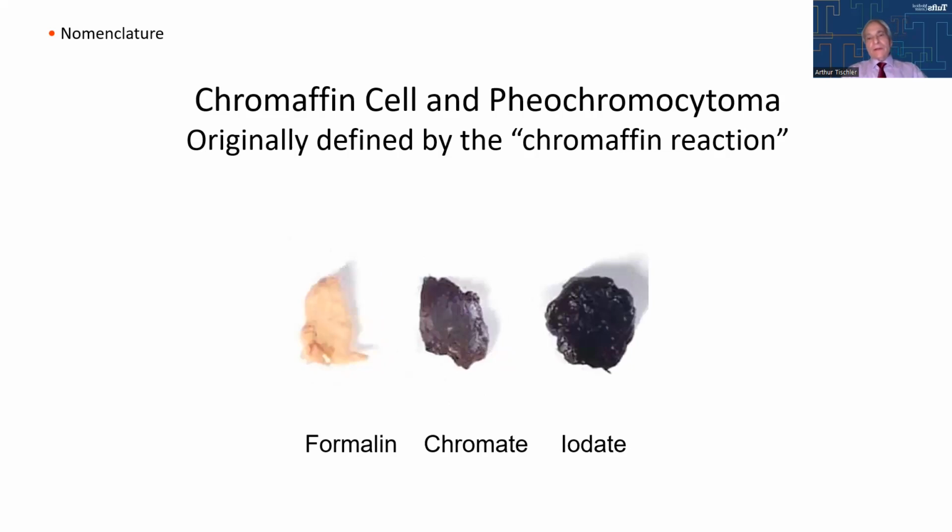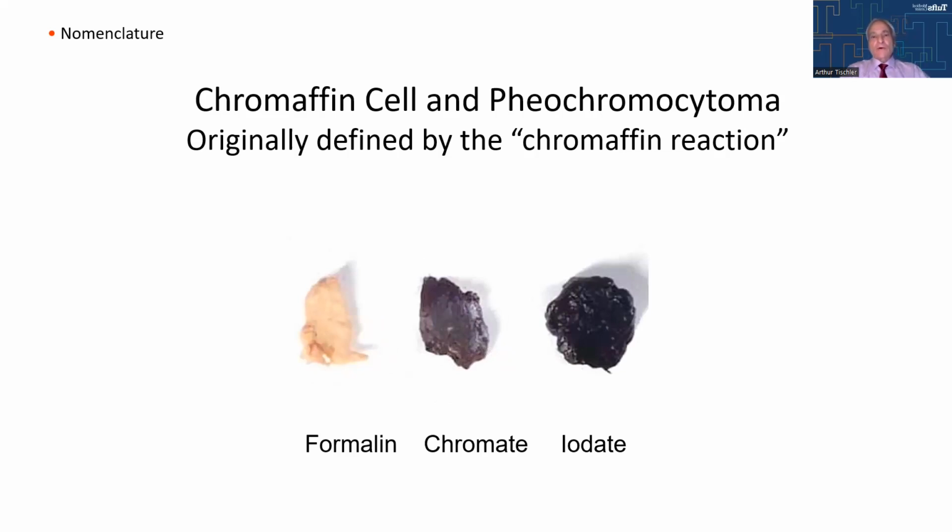However, it was subsequently discovered that if you take the same piece of tissue and fix it in a solution of a weak oxidizing agent, such as iodate, you'll get a similar, though not identical, color change. It was discovered much later on that the color change resulted not from affinity for chromium, but from oxidation of stored substances, which we now know are catecholamines.